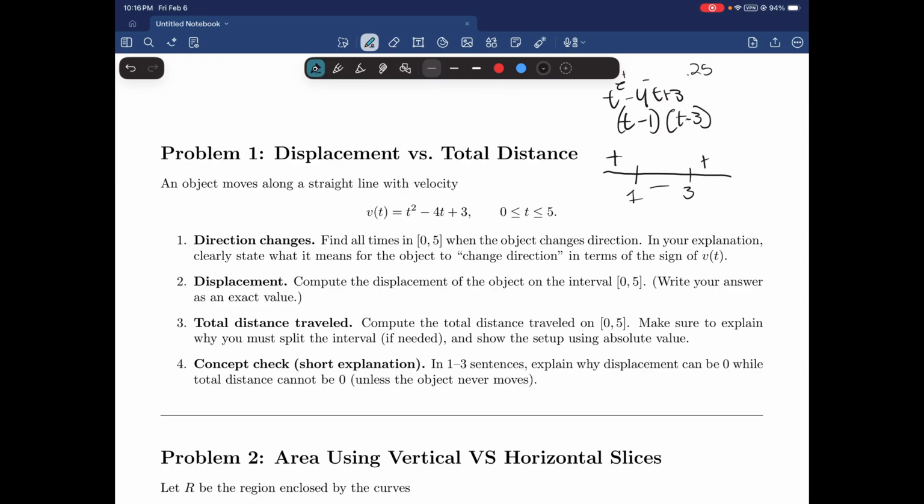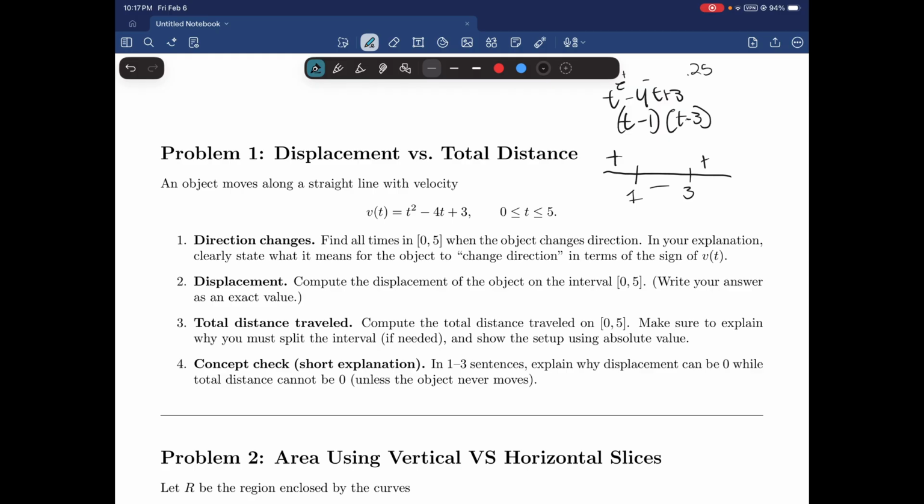Explanation: clearly state what it means for the object to change direction. Yeah, so it would be moving forward from 0 to 1 because it's positive, and then moving backward from 1 to 3, and then moving forward again after 3, right?